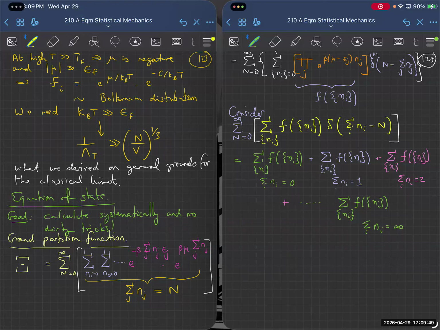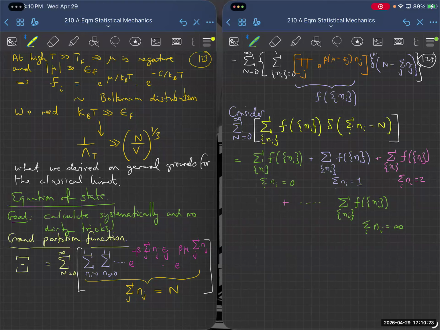So that's what this whole thing is equal to. Okay, so I've just said, in case n equals 0, write out this. In case n equals 1, write out this. In case n equals 2, write out this term, all the way up like this. And so now you can see that this is the sum of this function, but there's no constraint, because the sum of the ni's can be 0 or 1 or 2 or 3 or anything I want.